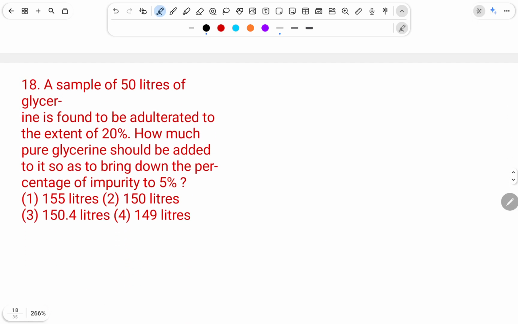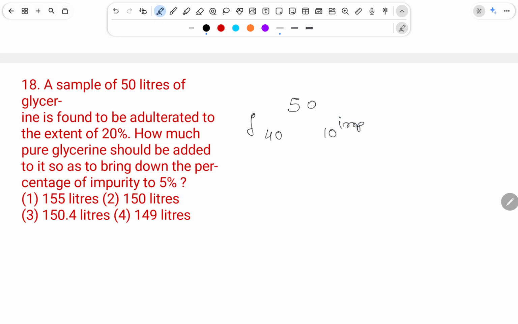A sample of 50 liters of glycerin is found to be adulterated to the extent of 20%. Means 20% of 50 is 10. Means out of 50, 40 is glycerin, 10 liters is impurity.